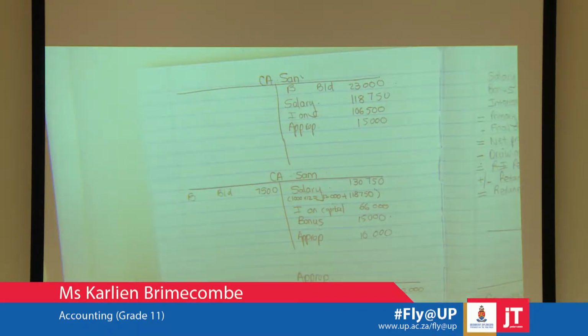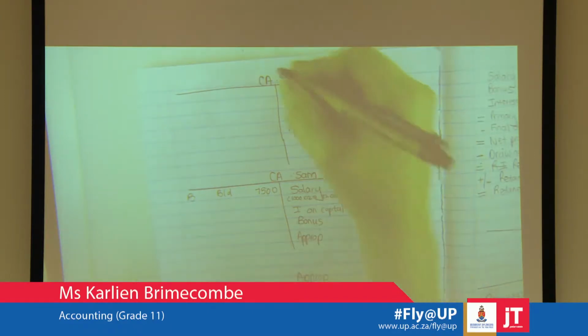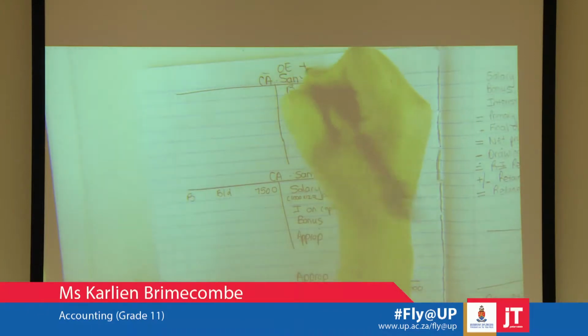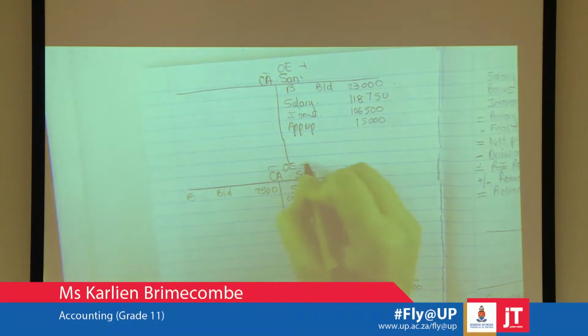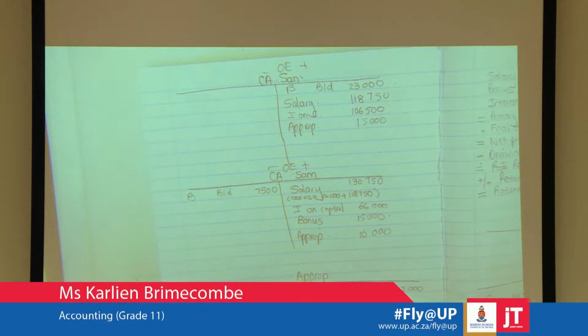Okay. Right. What is closed off to the current account? What do we still need to complete? Drawings. Now, there wasn't any drawings in there that they said that there was an adjustment. So what do we need to do? From the pre-adjustment trial balance, what was the total drawings?